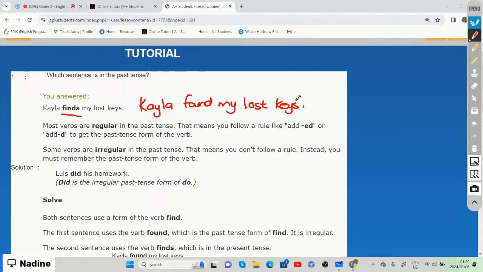So finds being our present tense and found being our past tense.